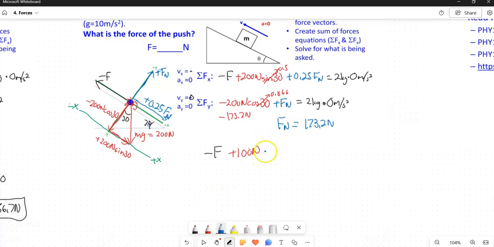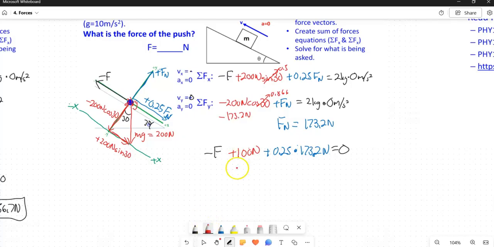And this is going to be plus 0.25 times the normal force, so times 173.2 newtons. I am skipping steps because we already know what the answer is supposed to be, which is going to be equal to 0.